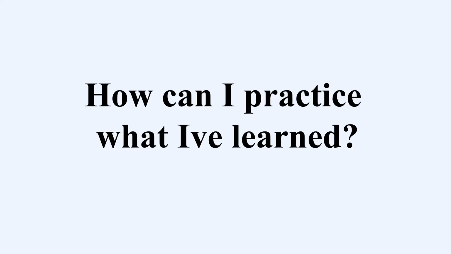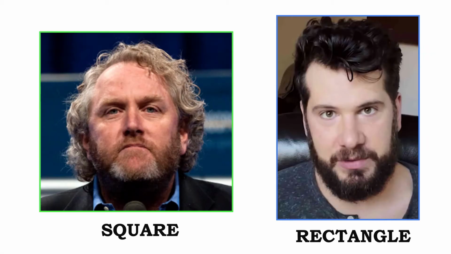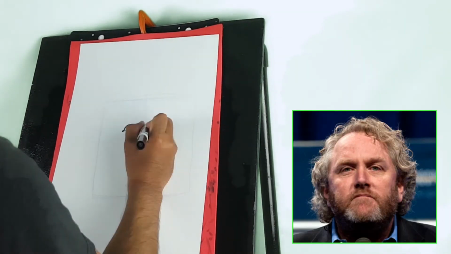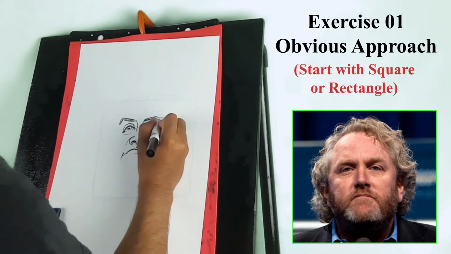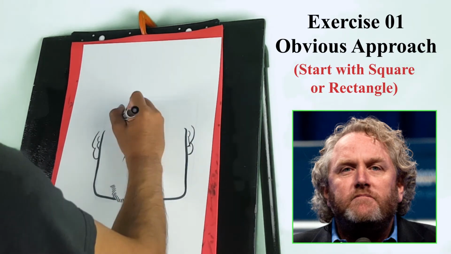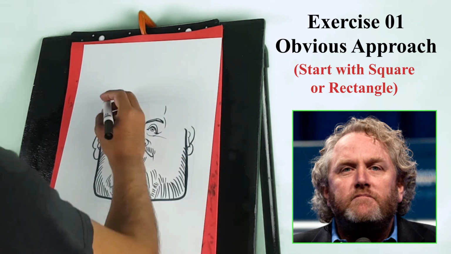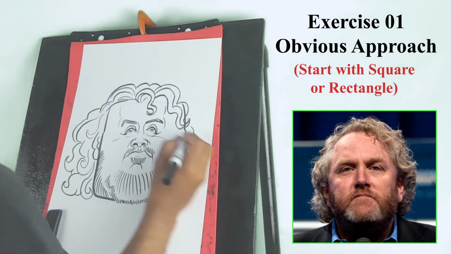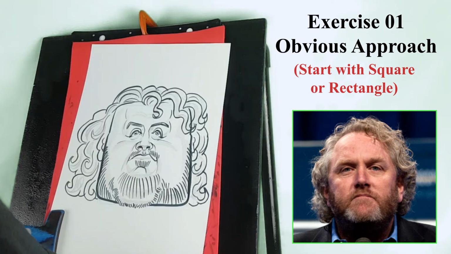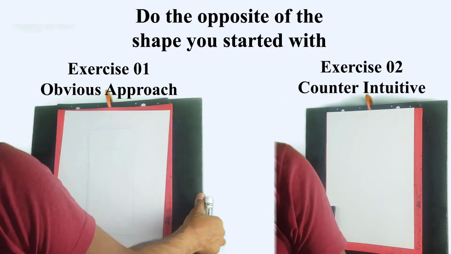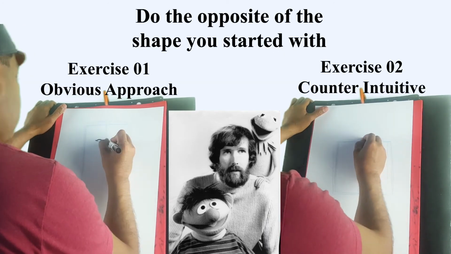How can I practice what I've learned? Exercises. Use the compare technique to find square or rectangle faces to practice on. Exercise 1. Take your face that resembles a square and impose that shape onto your drawing to make it more obvious. Starting with a sketch of a square sometimes helps. Exercise 2.